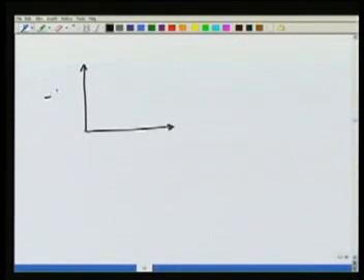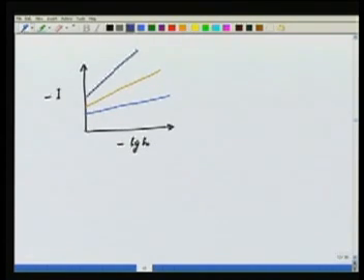So I plot here as minus I minus log of h. So I will get for p equal to 1 one curve, for p equal to 2 another curve, and for p equal to 3, and this will be p equal to 1, p equal to 2, p equal to 3, and the slope here will be 1, slope here will be 2, slope here will be 3.